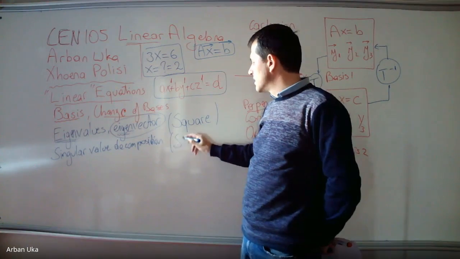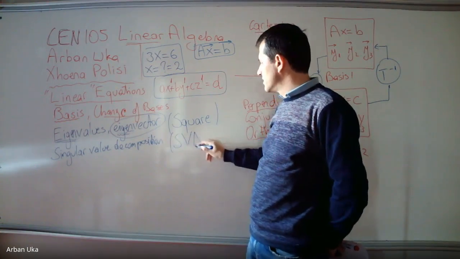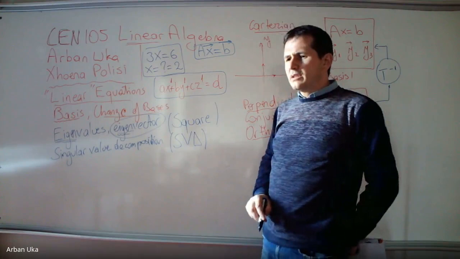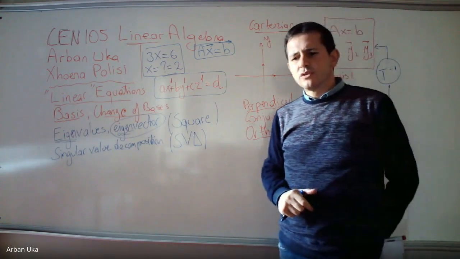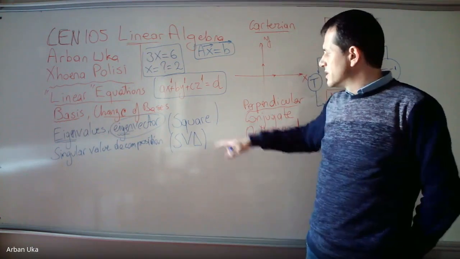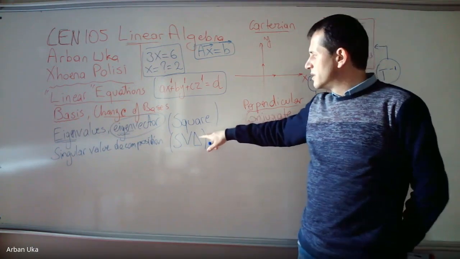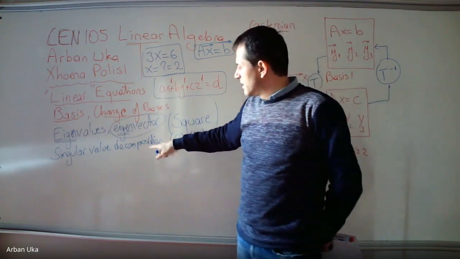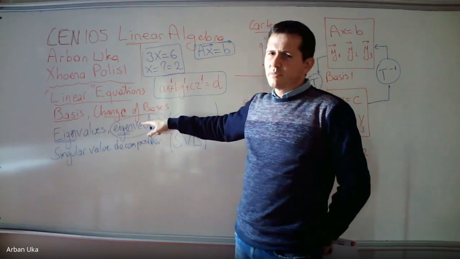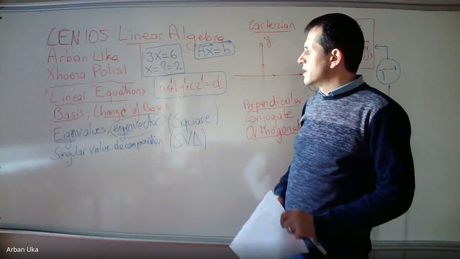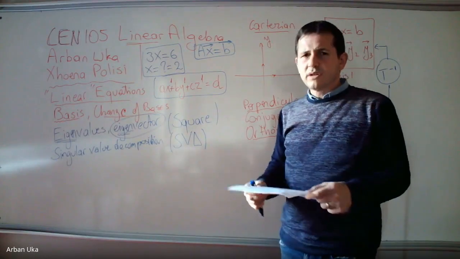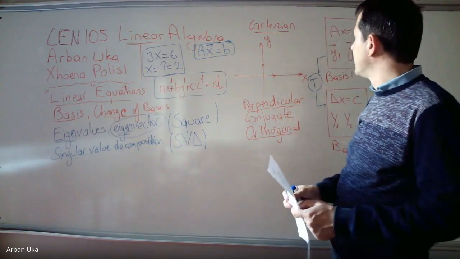We call this SVD, and it helps us offer a solution to problems when the matrices are not square. So this is a generalization of the previous problem. These will be, so to say, the major topics that we're going to cover during the whole semester.